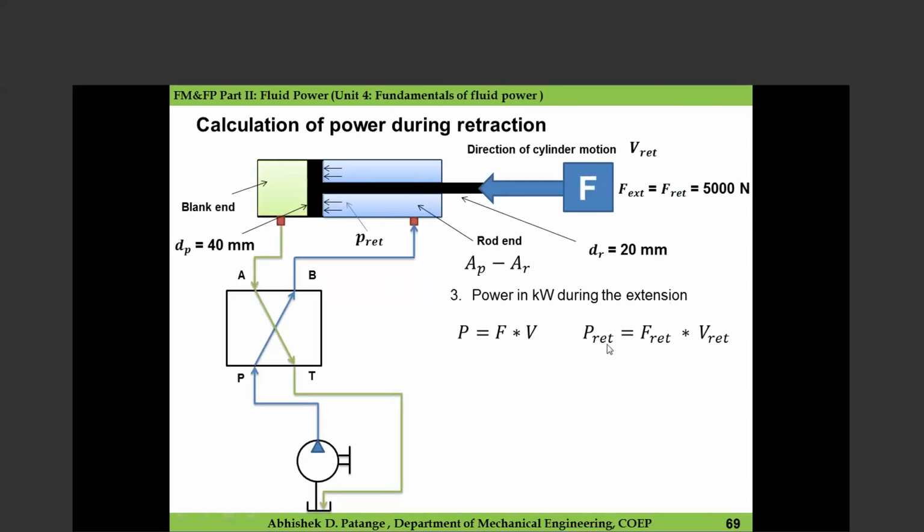So this P will be replaced by P retraction, F will be replaced by F retraction, and V will be replaced by V retraction. So basically force retraction, velocity retraction and power retraction. We will put all the values over here. So power during the retraction will be equal to 5000 into 1.69, which is the velocity of retraction we calculated in the previous slide. By multiplying these two parameters, we get the answer as 8.48 kilowatt.